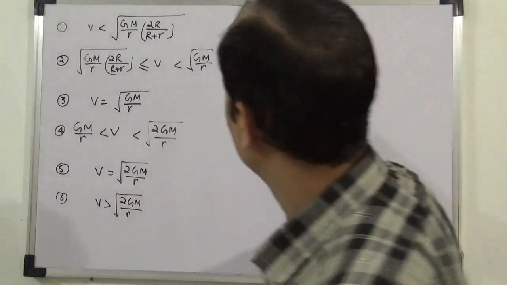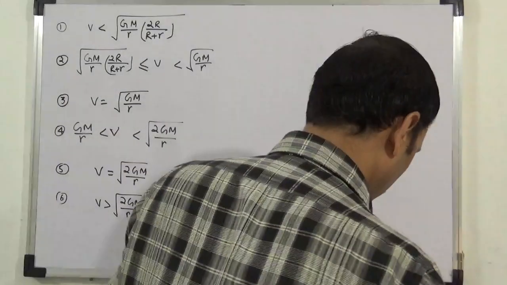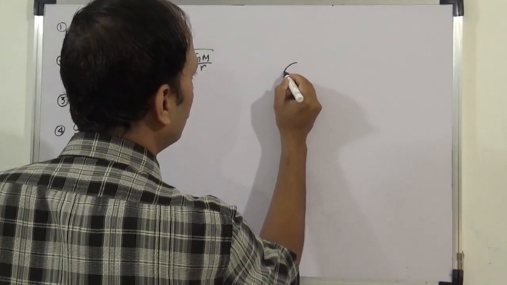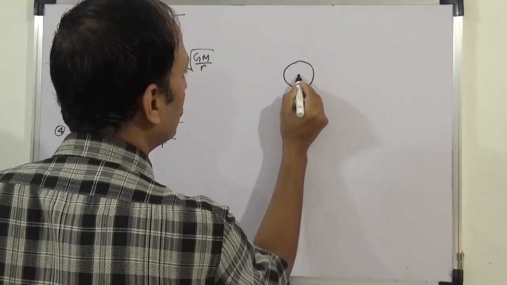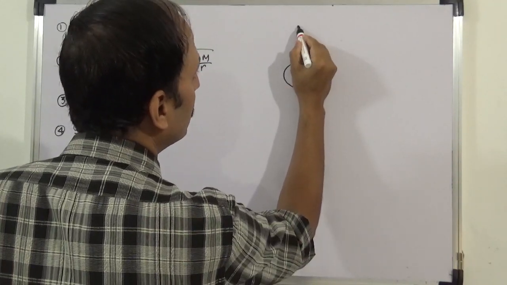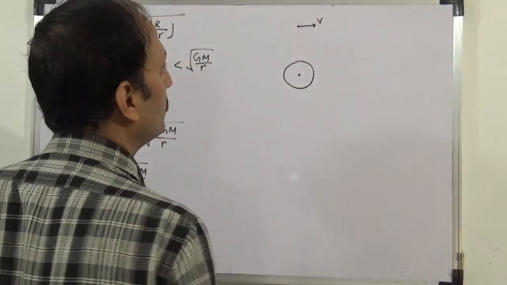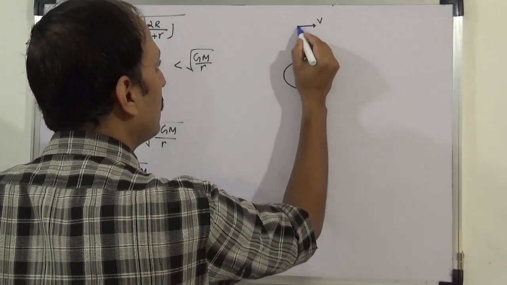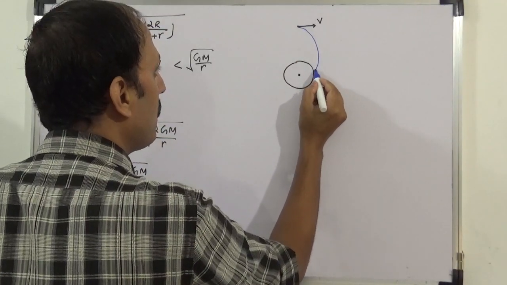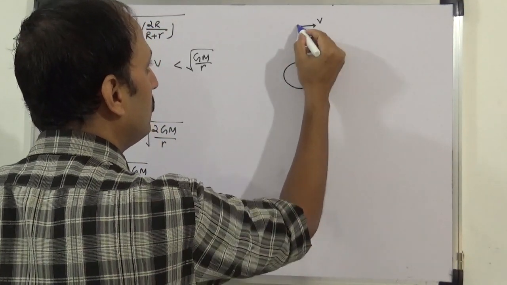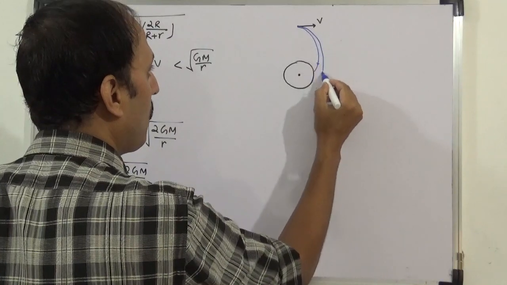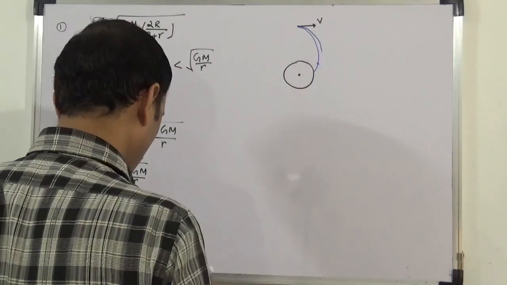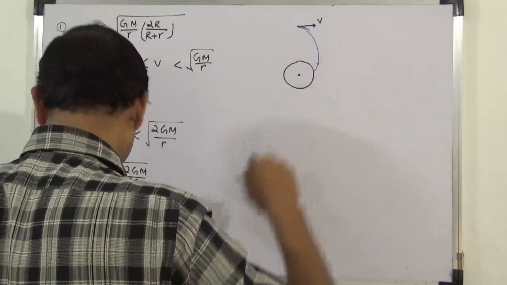Now I will draw this in figure form. This is earth, mother earth, this is V. So I am drawing the different trajectories, using different colors.